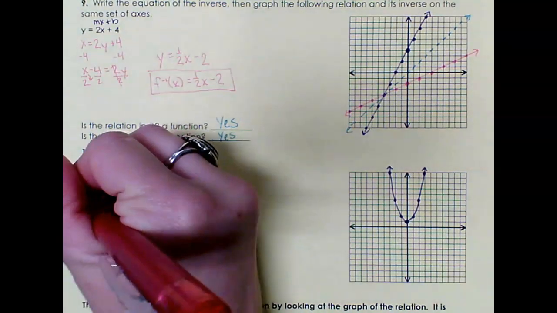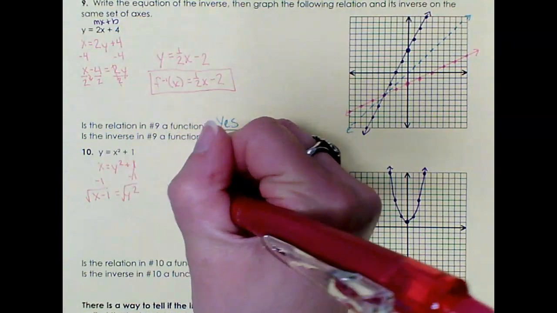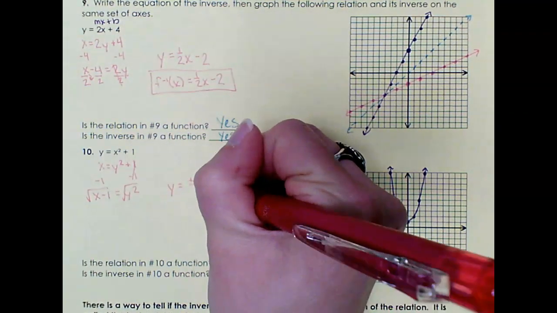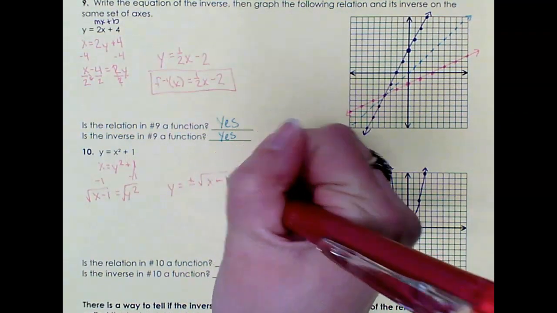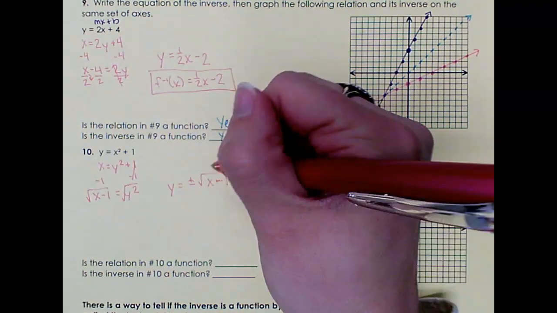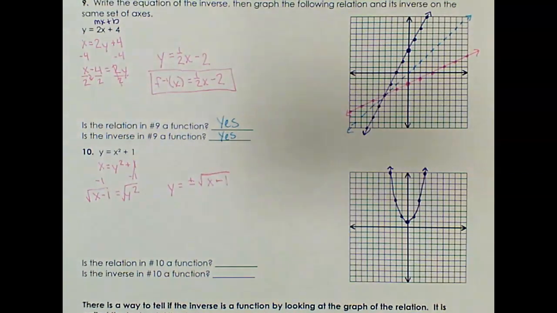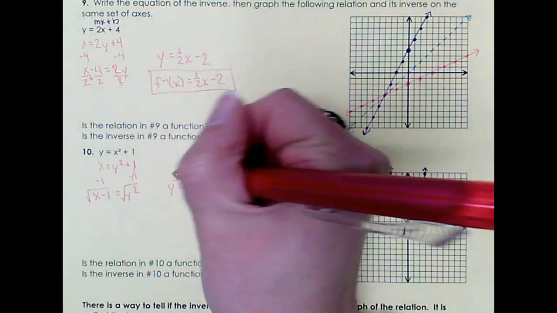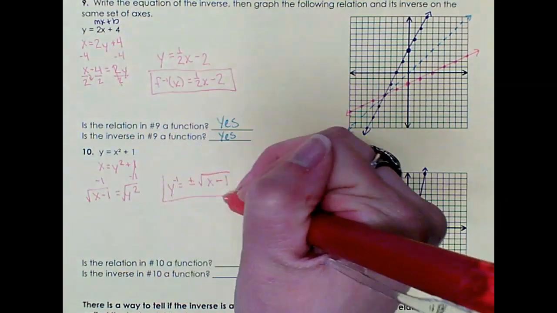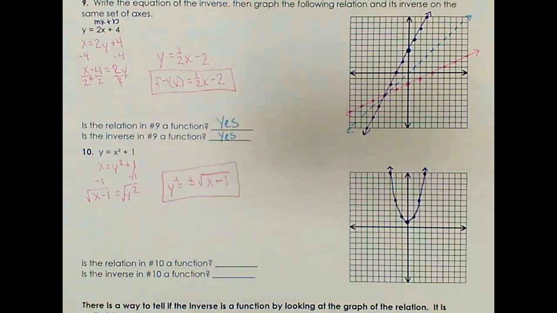You square root. So we have y equals plus or minus the square root of x minus 1. We know from previous problems that something like this is not a function, so we just call it the inverse of y. We don't call it the inverse of f of x. It's not a function.